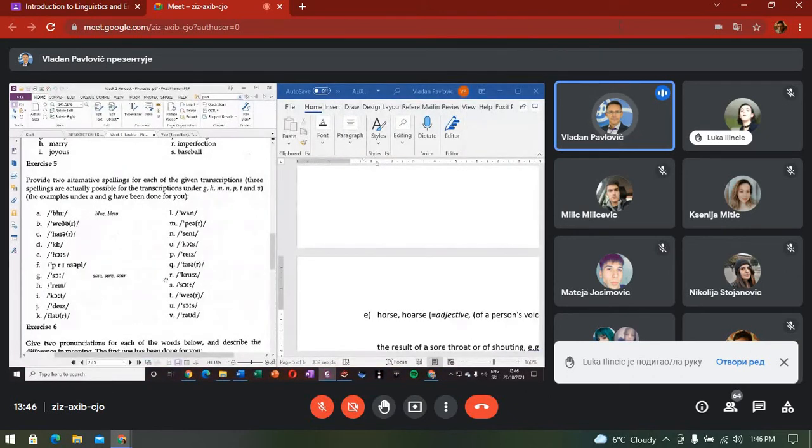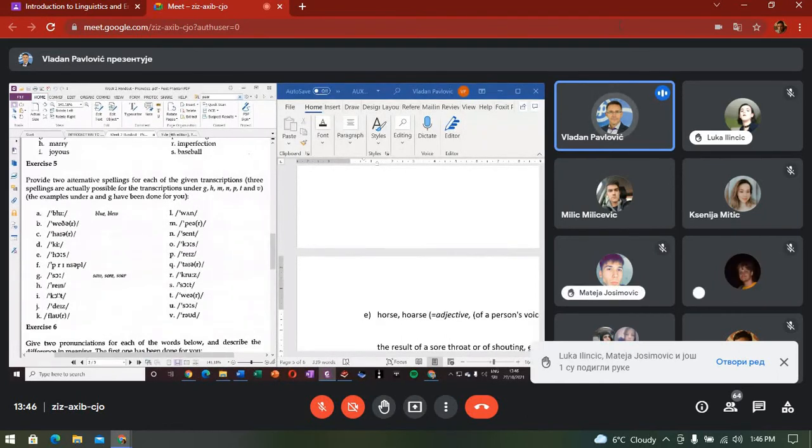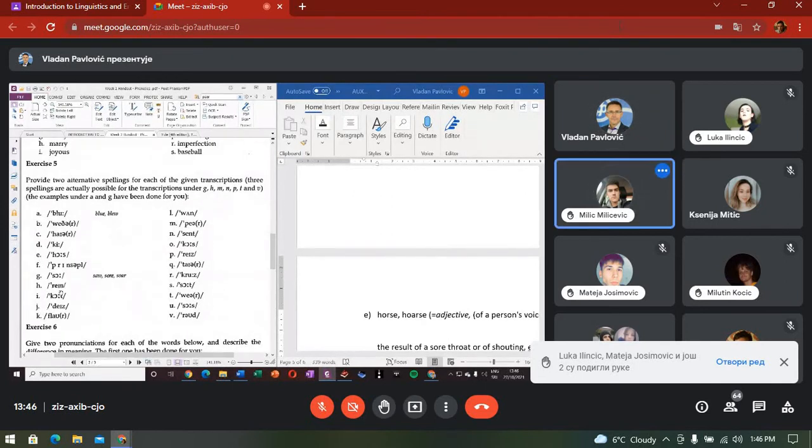A recimo rain, evo ga ovde je rain. Rain je lako kao jedno, kiša. Koje je drugo rain? Koje je treće rain? Pa rain kao kiša i reign kao vladavina. Tako je, kao vladati.